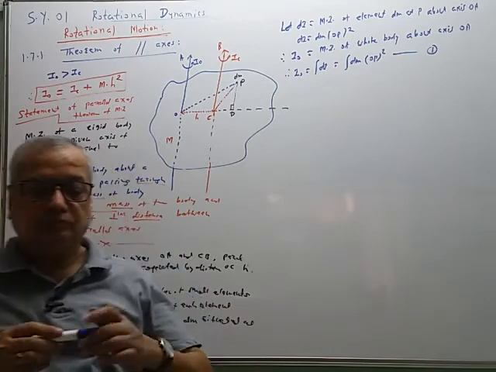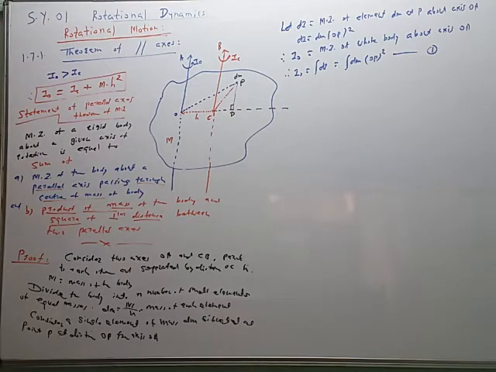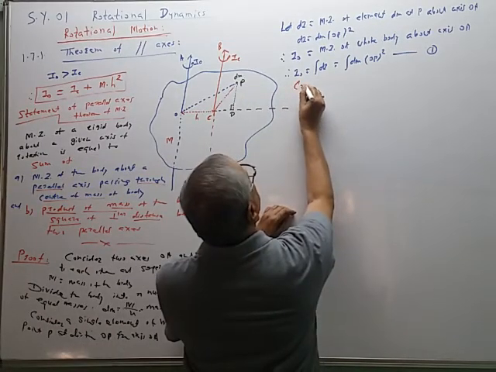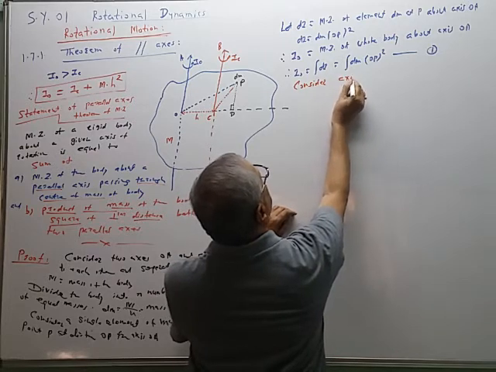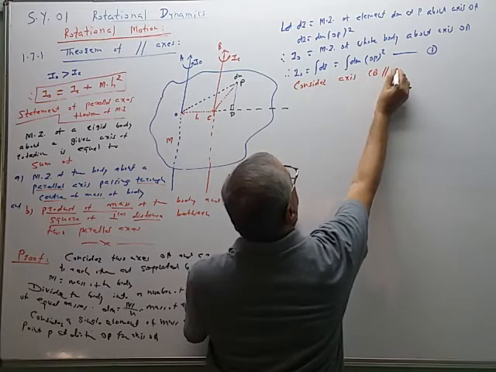Now we are considering one more axis CB. It is parallel to the first axis. Consider the axis CB parallel to OA.